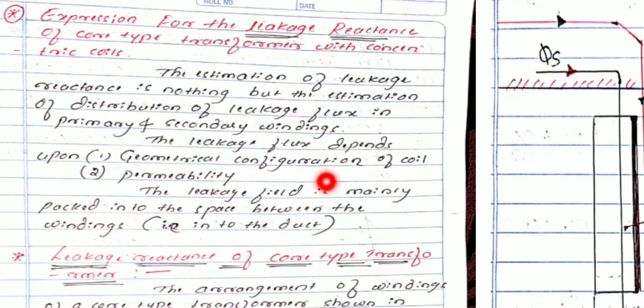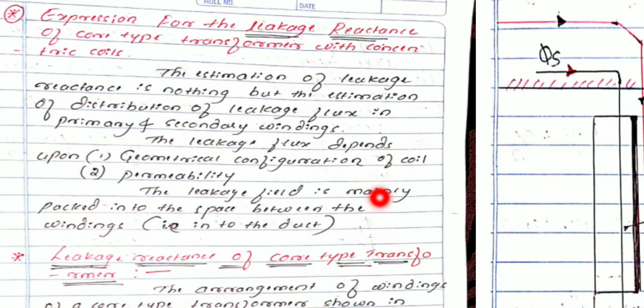The duct is the space between the primary winding and the secondary winding. The flux flowing in this space is called the leakage flux in the duct. So to estimate the leakage reactance, we need to calculate three leakage fluxes: the primary leakage flux, the secondary leakage flux, and the flux flowing through the duct. All these fluxes added together give the total amount of leakage flux.